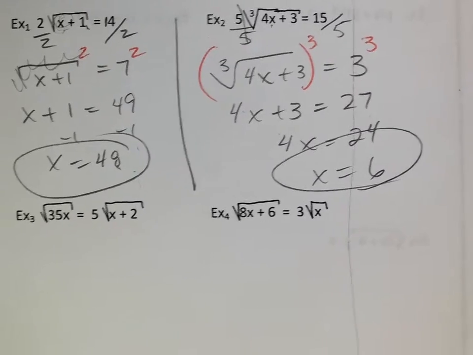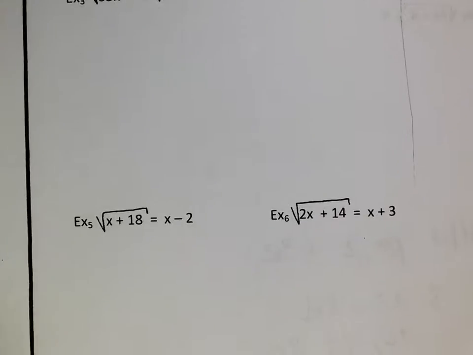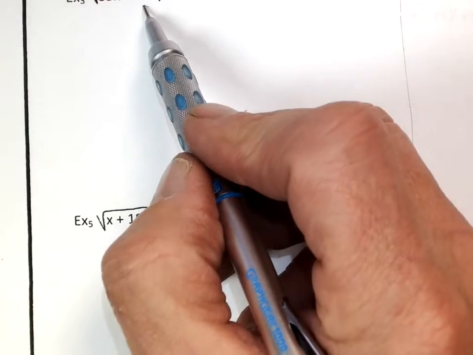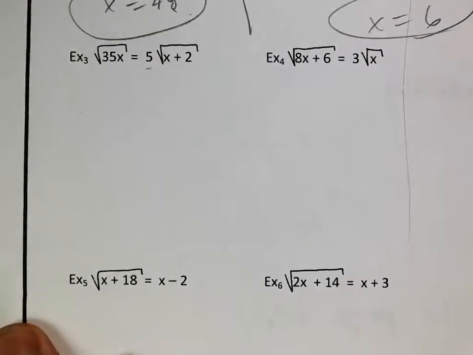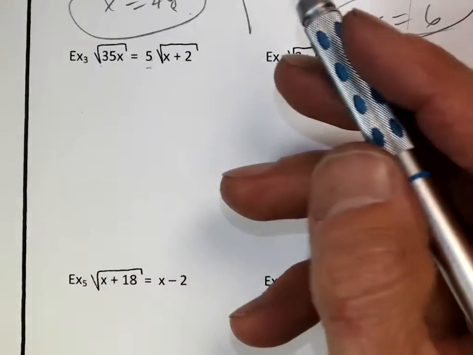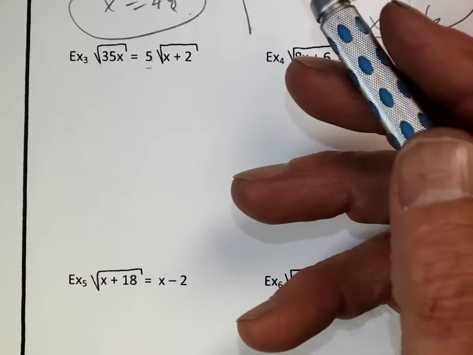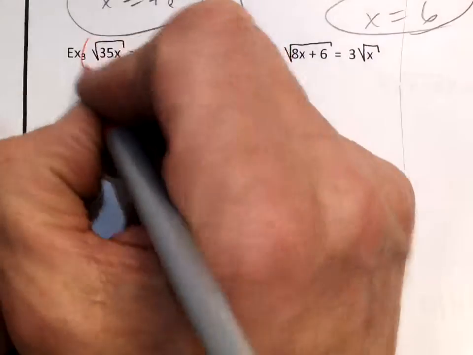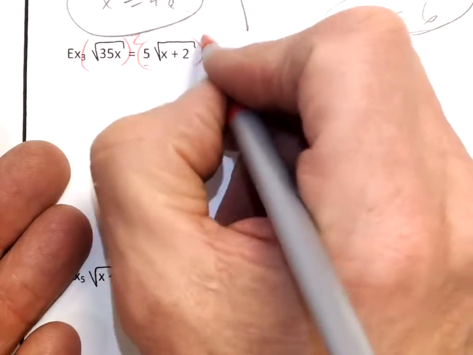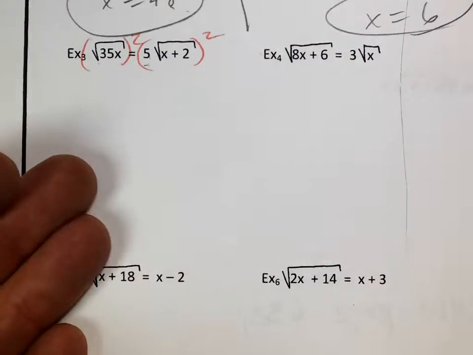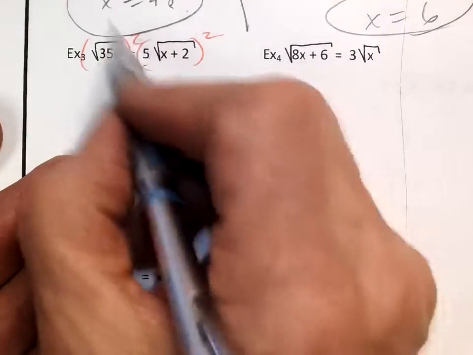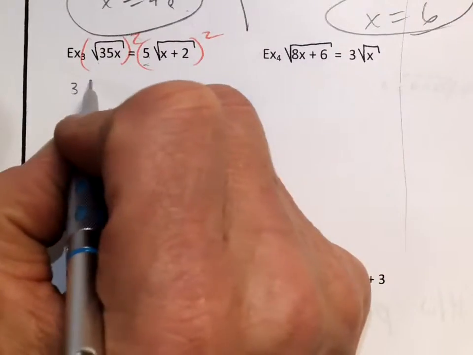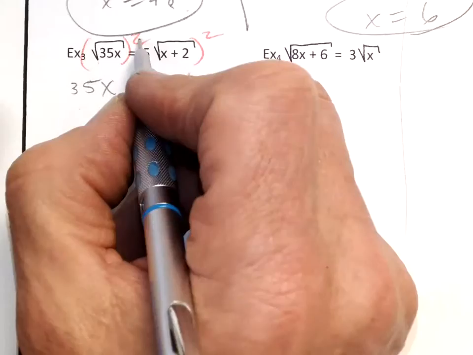Okay, example 3. A little bit different because I can't really divide by 5. If I divide by 5, it's not going to help me. So I'm still going to square, but I'm going to have to remember to square the 5. I've got to get rid of the square root, so I'm going to square both sides. Okay, I've got to be careful with the 5 though. The square cancels the square root, so I'll get 35x.